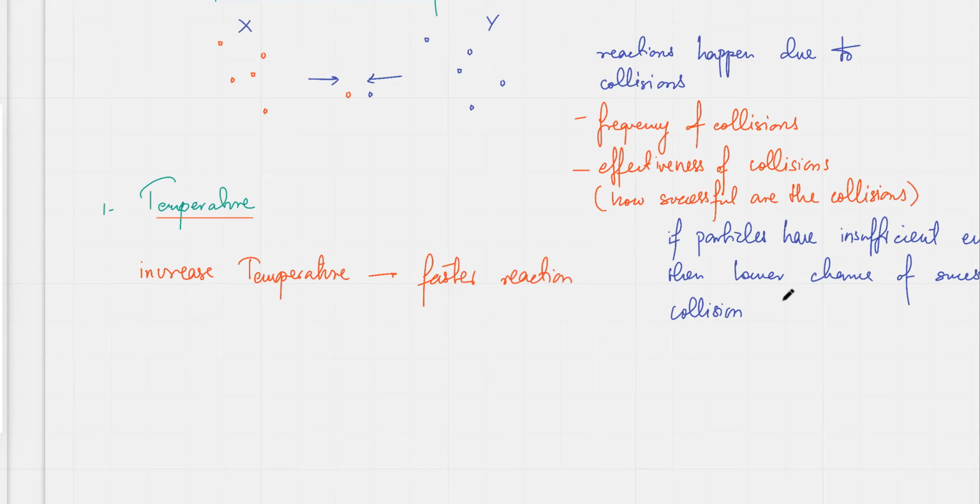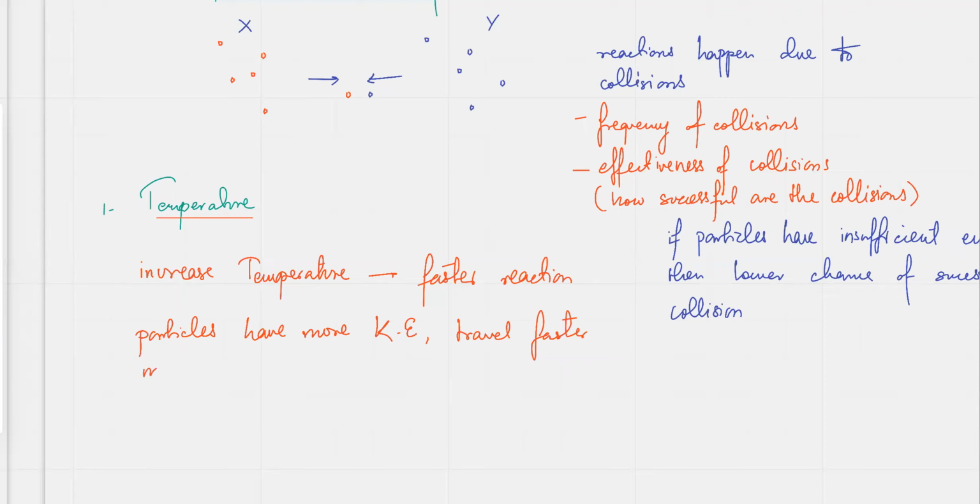And they're going to ask you, why do you get a faster reaction? And the explanation for that is that particles have more kinetic energy. So they travel faster. And that means they're going to bump into each other a lot more.